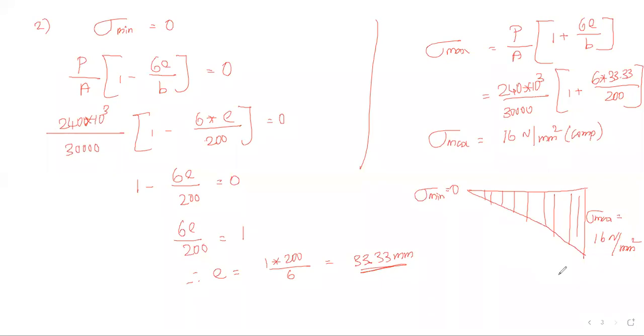Third question. If E is equal to 50 mm, then what will be the sigma minimum and sigma maximum?